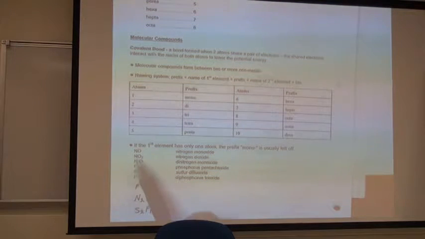And so NO would be nitrogen monoxide. What would CO be? Carbon monoxide. Okay. NO2 is nitrogen dioxide. CO2 would be carbon dioxide.